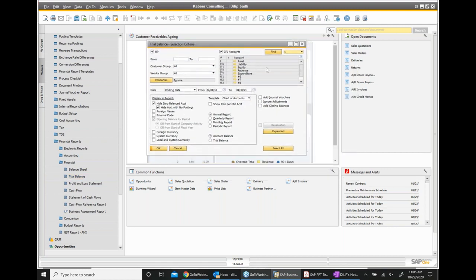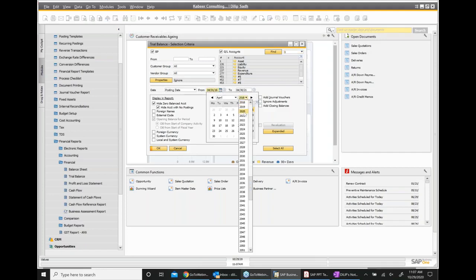Now here, we have all these different selection parameters. I want to include my business partners. I want to include all my general ledgers. I can select the date I want. So if I go back here, I can select whatever date I want.